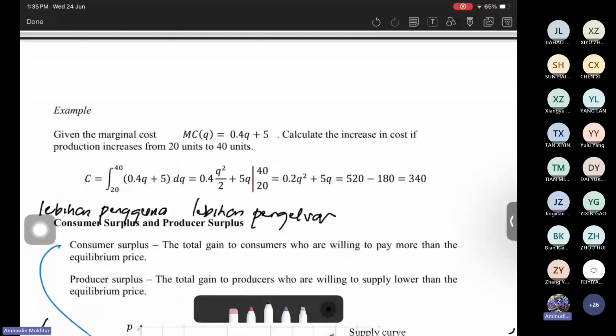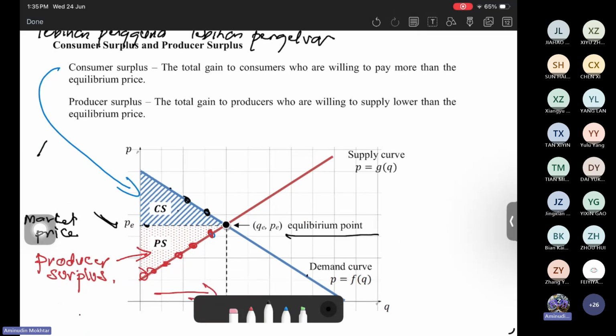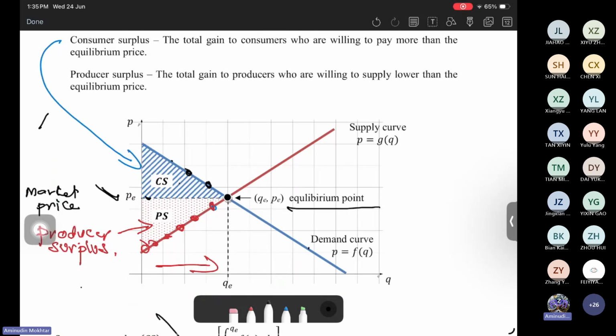Okay, that is the concept of consumer surplus and producer surplus. In conclusion, we can say that the difference between a consumer's marginal benefit for a unit and what they actually pay represents how much benefit a consumer gets from the price they are paying.